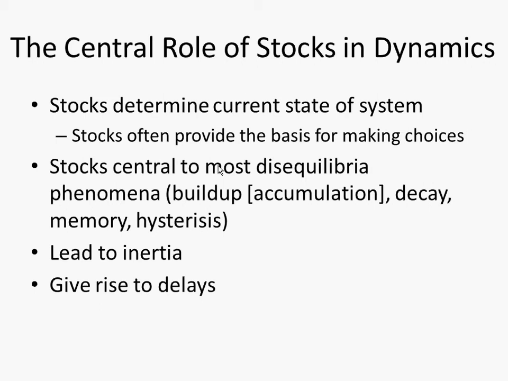So you may have multiple stocks influencing a single flow. And because these stocks determine the values of flows in the model, when we ask about behavior of the model changing over time, we're often focused on what the flows are doing over time, because it's the flows that dictate the values of the stocks.